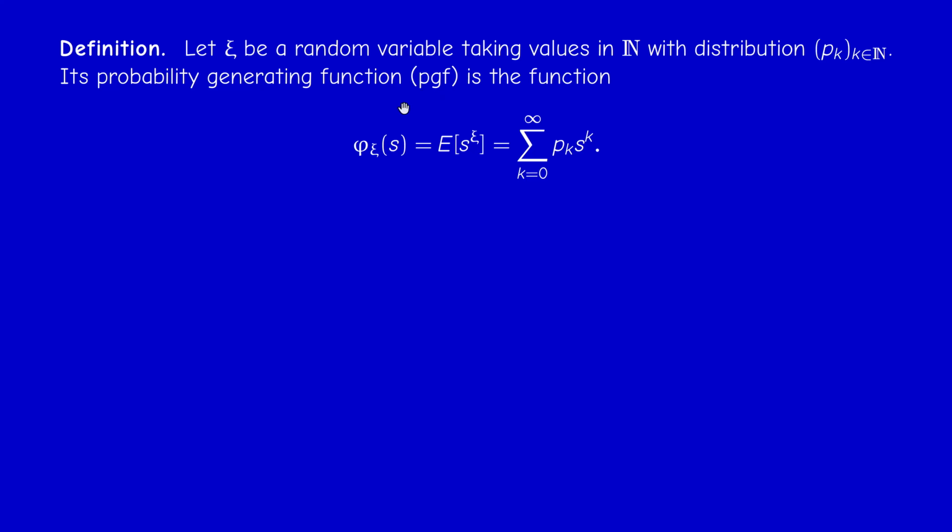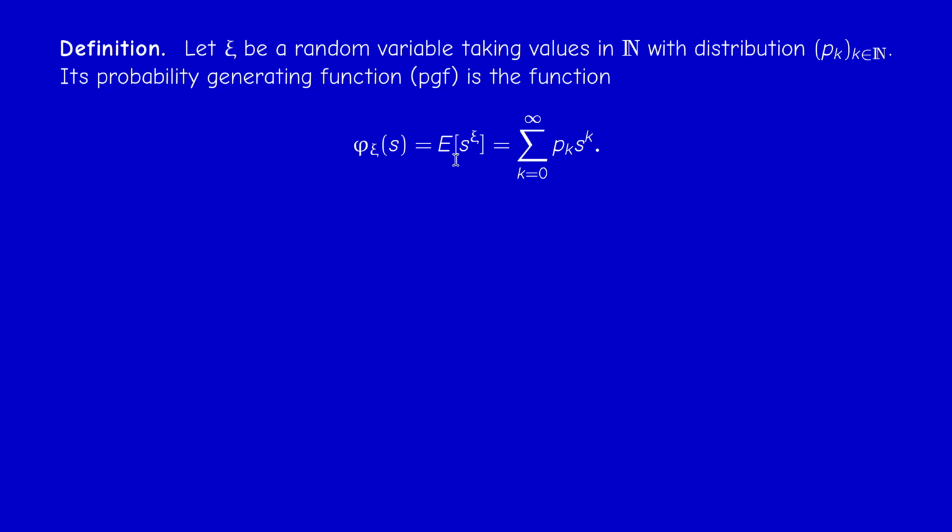It's something very close to the moment generating function, but instead of the exponential e to the t xi, I have s to the xi. So by definition, it's this power series: the sum of all values of s to the xi multiplied by the corresponding probability. So it's a power series about 0.